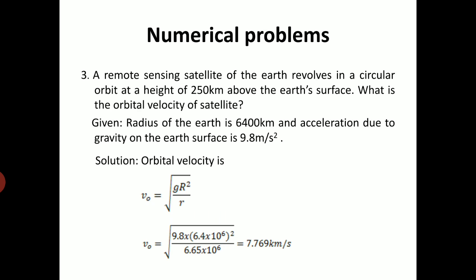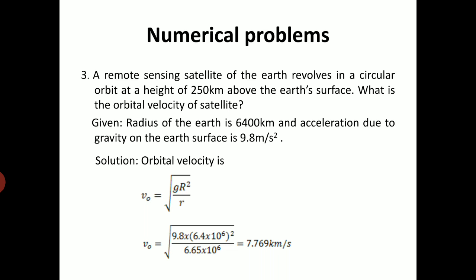If we substitute the values of small g, capital R and small r, all these three values are given, but the small r value is not given. So this small r value we have to calculate by adding the height, that is 250 kilometer from the Earth's surface, and 6400 kilometer from the center of the Earth to the surface of the Earth.